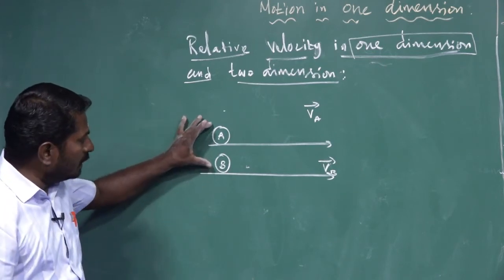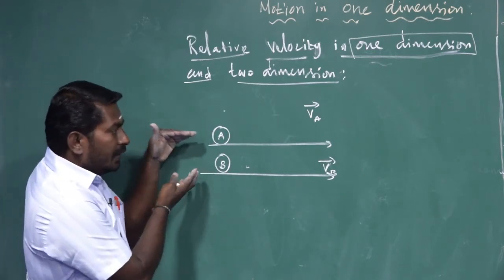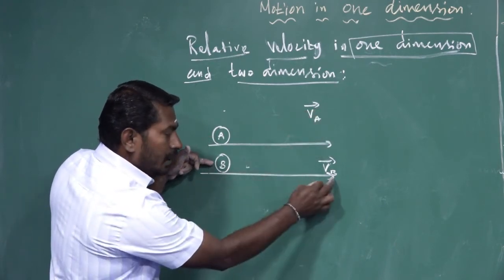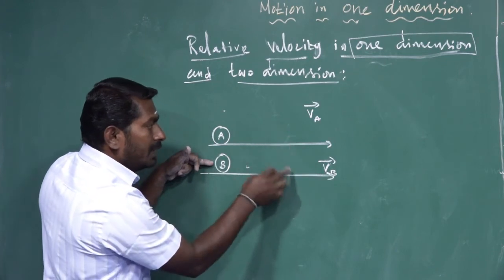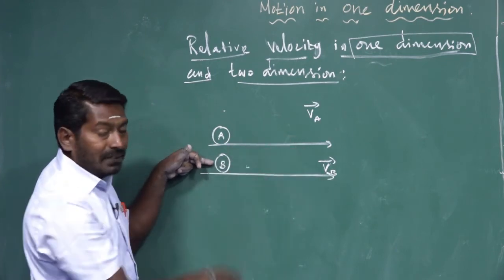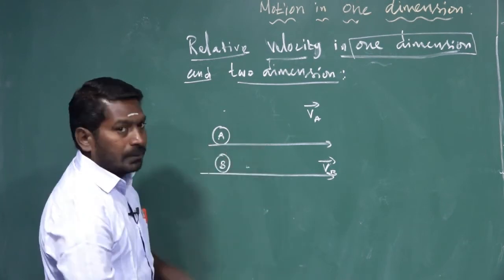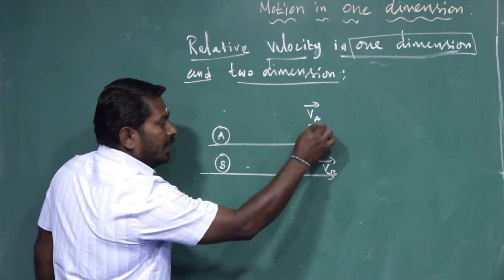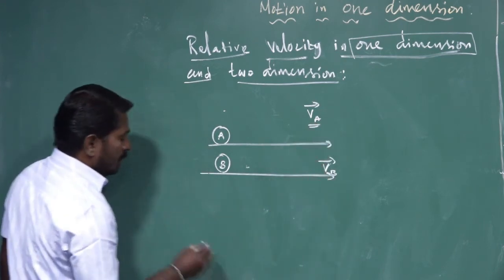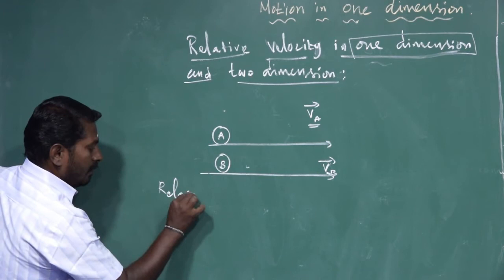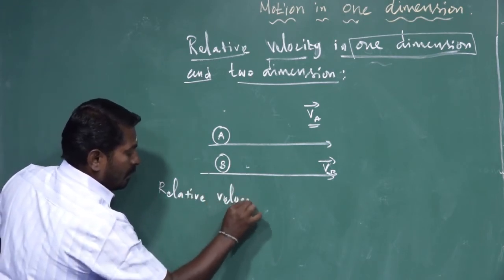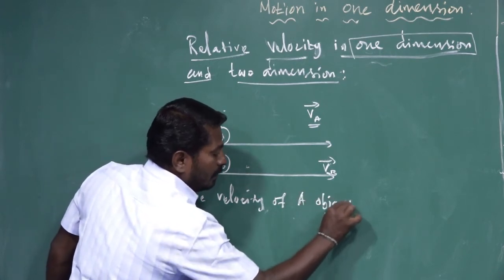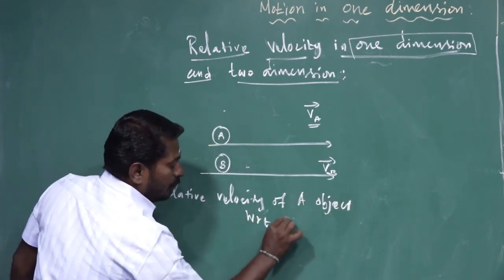See that object A is traveling with a uniform velocity VA vector, and body B is traveling with a uniform velocity VB vector, with different velocities along a straight road or straight track. So what is the relative velocity of object A with respect to object B?